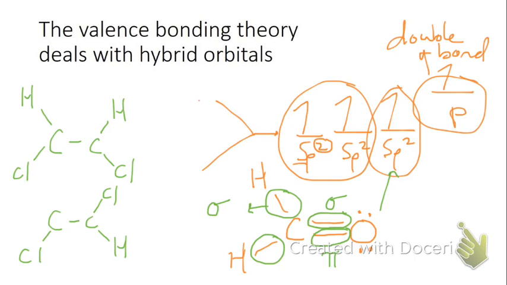As drawn here, with just a single bond in the middle, would these 2 molecules be exactly the same? The correct answer is yes, because with that single bond, those 2 carbons can spin on each other.